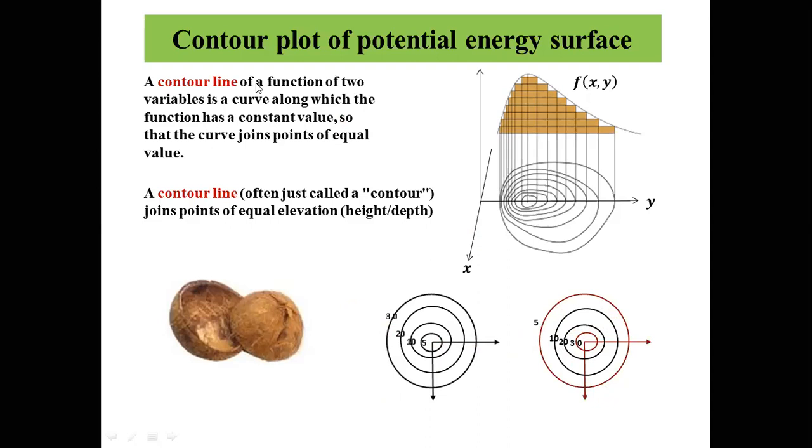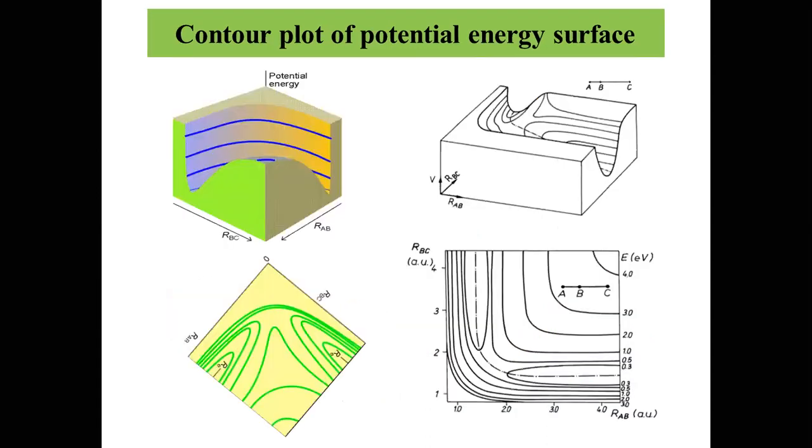Okay, now if we go for the actual potential energy surface, how do we really do it? Okay, now this is the potential energy surface. We have discussed all its features.